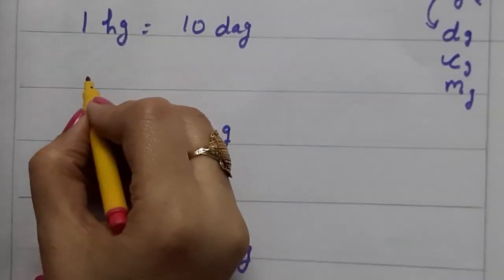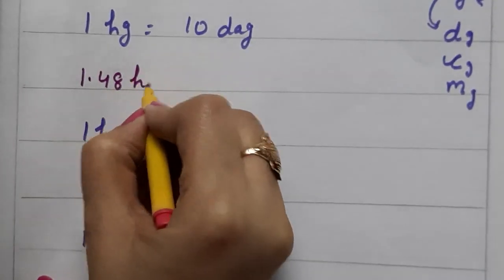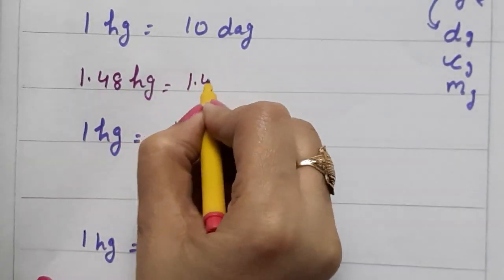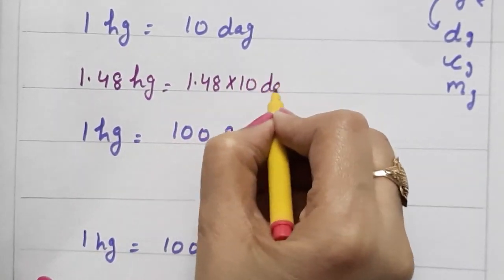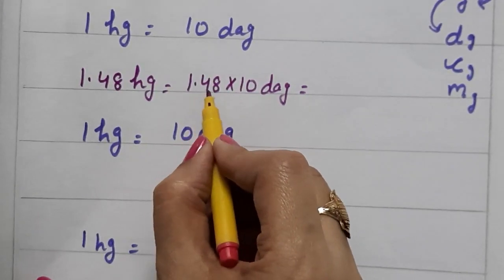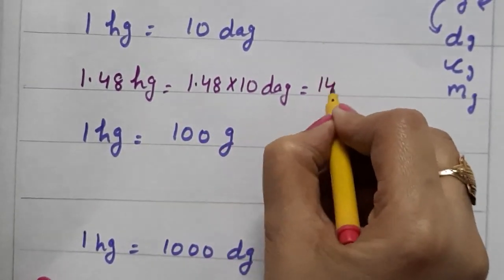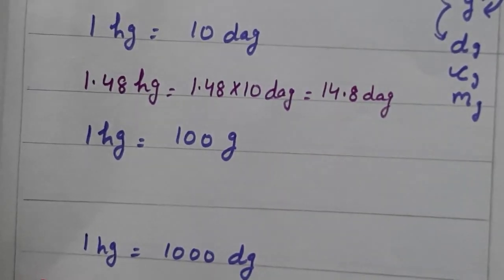Now we have to write down the given number. 1.48 hectogram is equal to 1.48 multiplied by 10 decagram. Multiply by 10, decimal will shift 1 place forward. So 14.8 decagram. Got it?